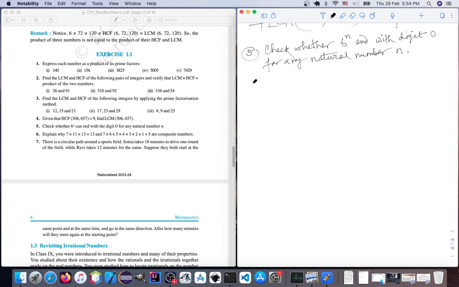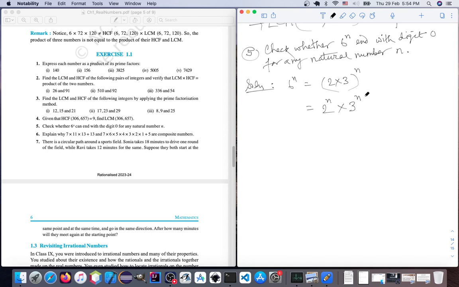So solution: 6 to the power n, we can prime factorize 6 as 2 into 3, and then we have n. This means this is 2 to the power n into 3 to the power n.